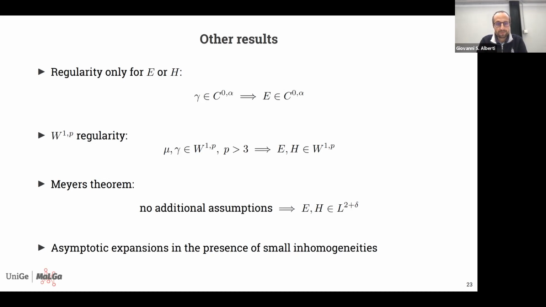Because for W13, if I remember well, W13 would be in VMO, and VMO still allows for applying the LP regularity for elliptic equations. So the P equal to 3 case is still okay for that bit.